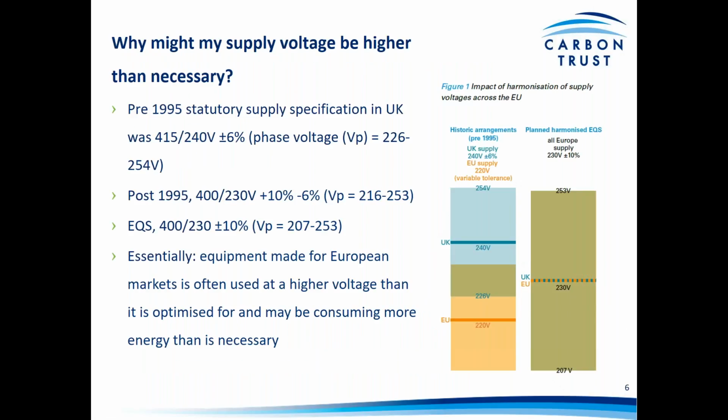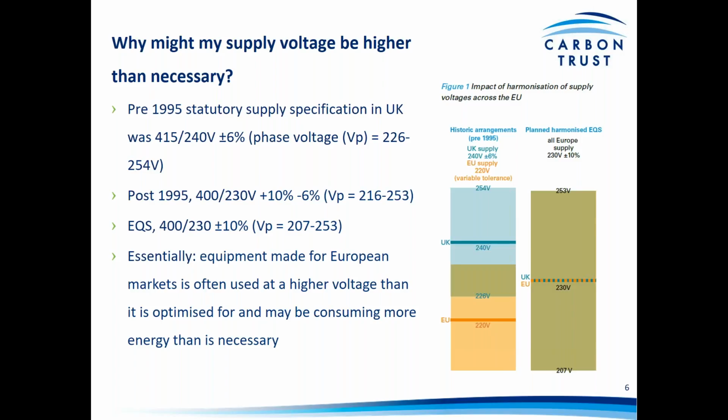With that in mind, one of the first questions that we tend to get asked is why might the supply voltage actually be higher than necessary? There are a couple of steps that I'll just run through just now to explain this.